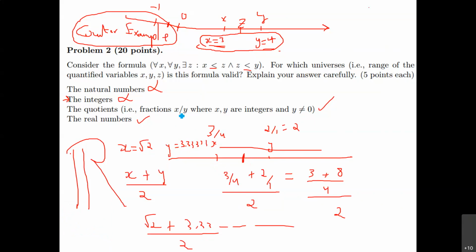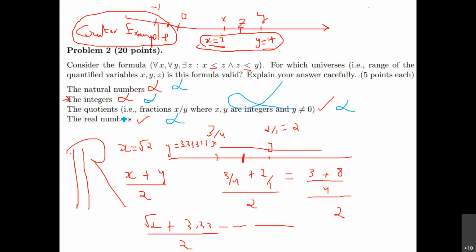But can anybody tell me why it actually wouldn't work for any of them? It's actually none of them work. They're all wrong. I'll assume no for that.